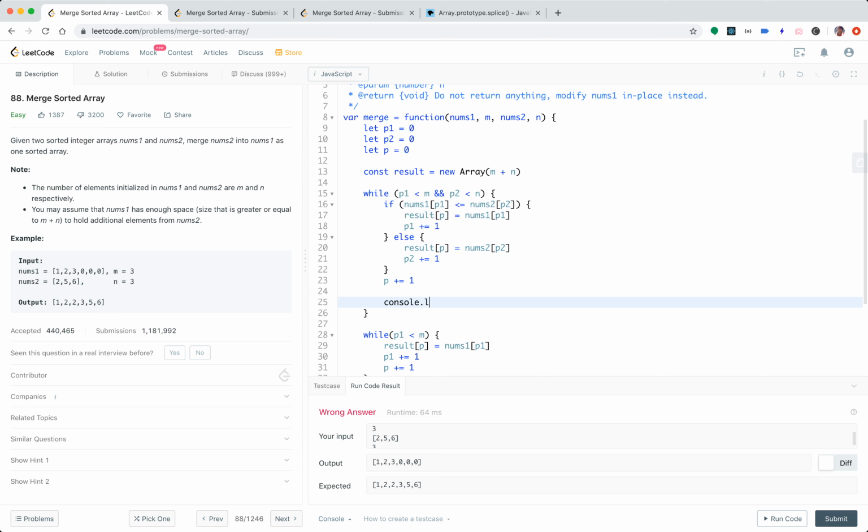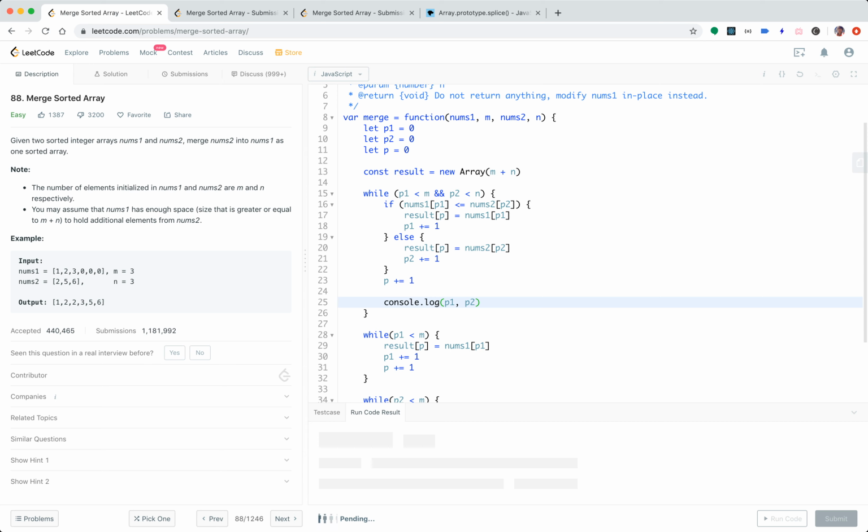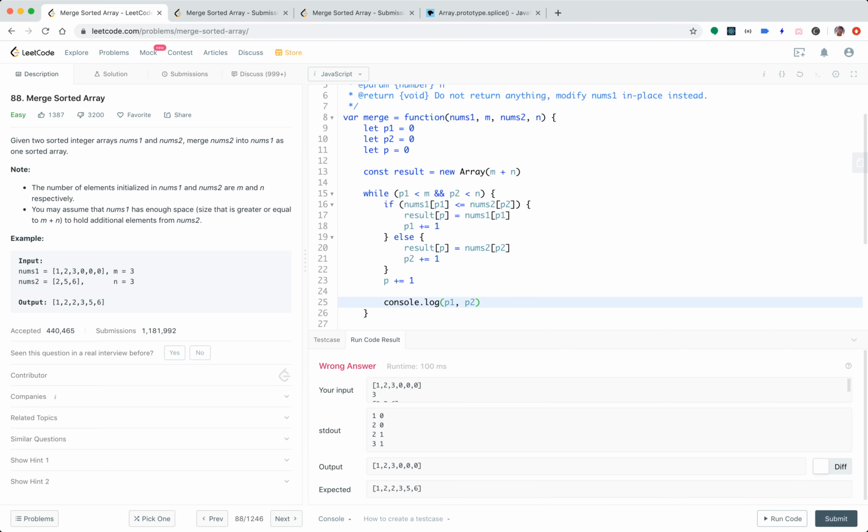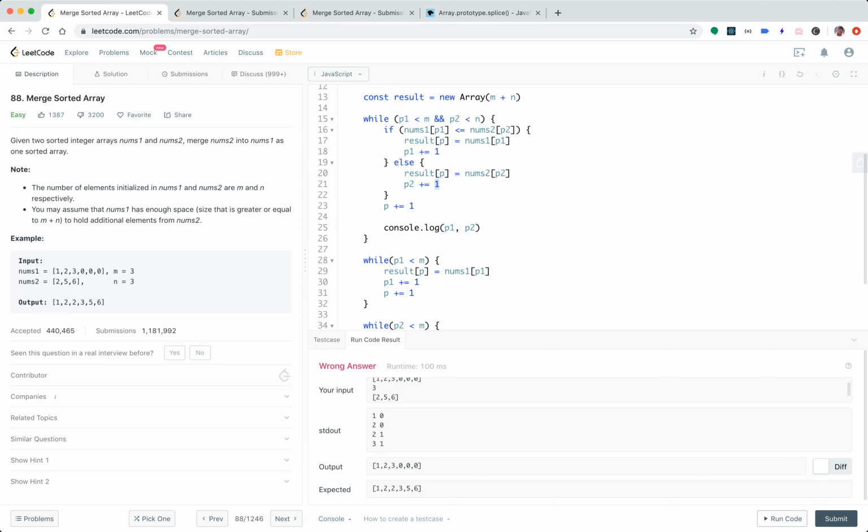Console log p1, p2. What happened? 1, 0, 1, 2. So yeah, right. Result p equals nums2 p2, p plus 1.